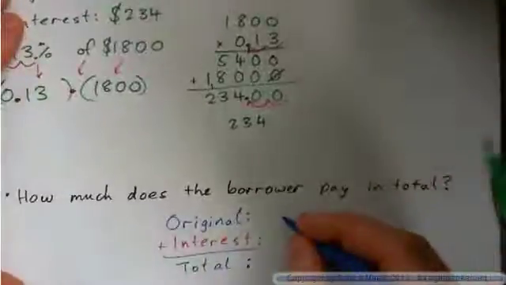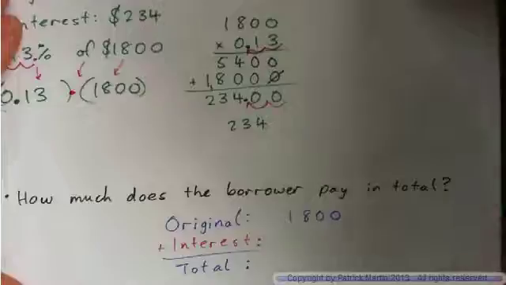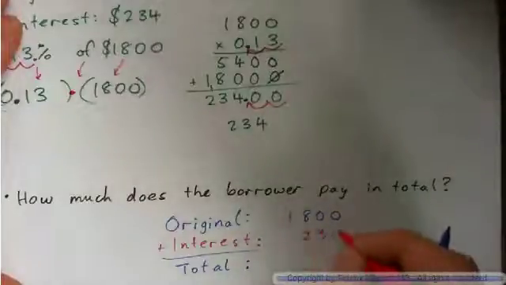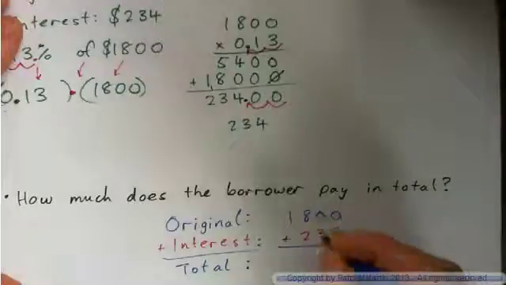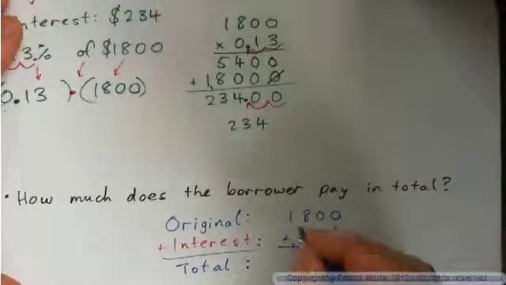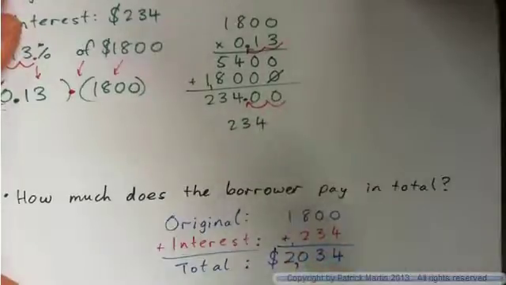The original amount was 1,800. What was the interest? 234. So the total has to be 4, 3, carry the 1, $2,034. The borrower needs to pay back $2,034.